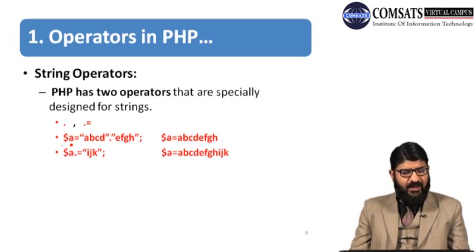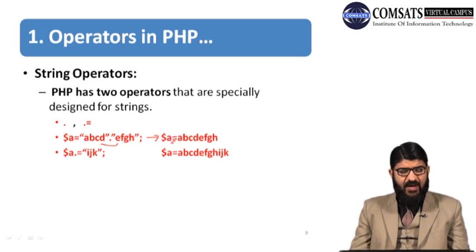A variable $a is declared, then a value is mentioned in inverted commas, then a dot is mentioned over here, and then the second value EFGH is mentioned in inverted commas. See the output of this particular line in front.